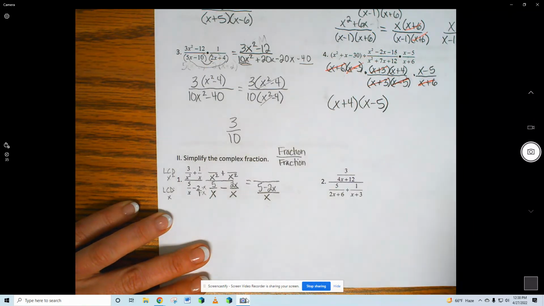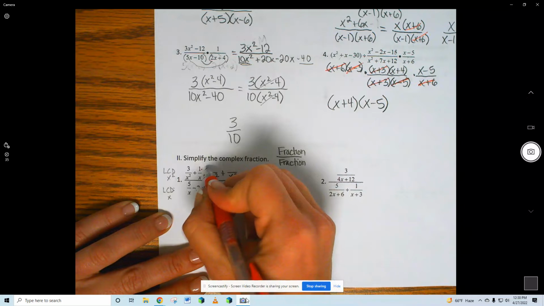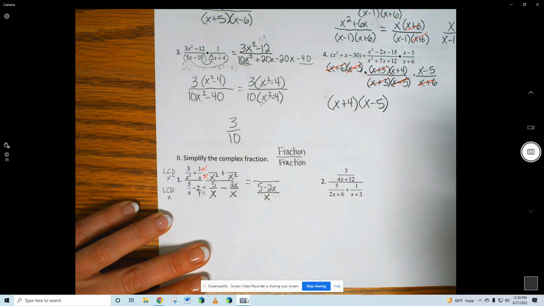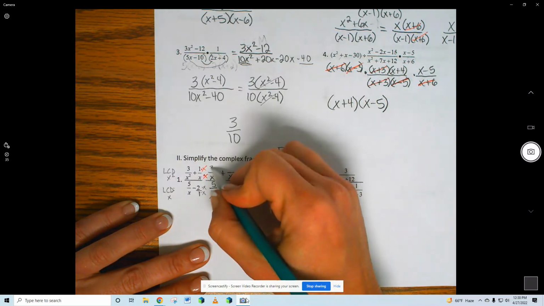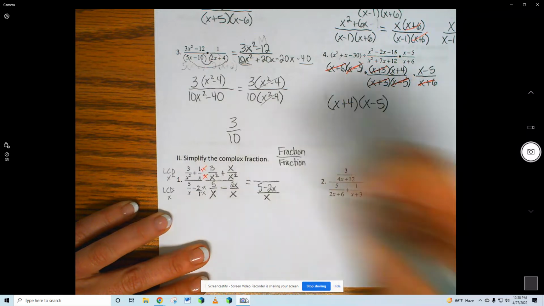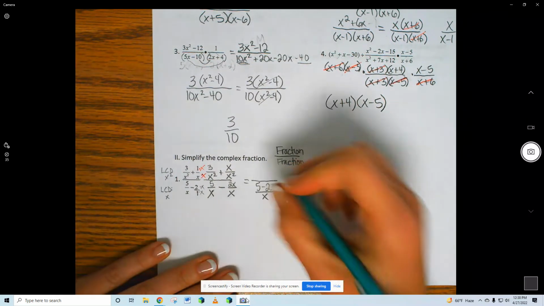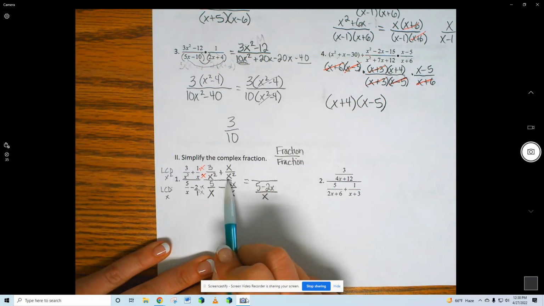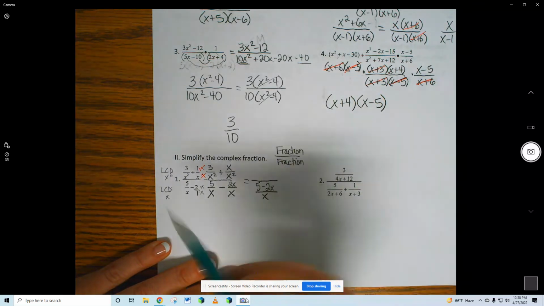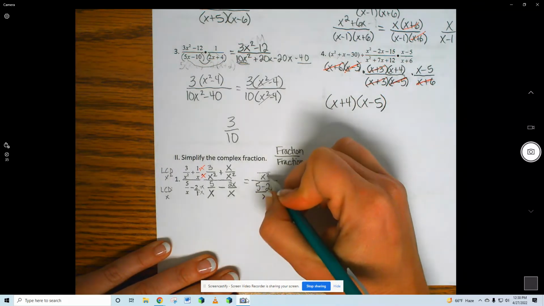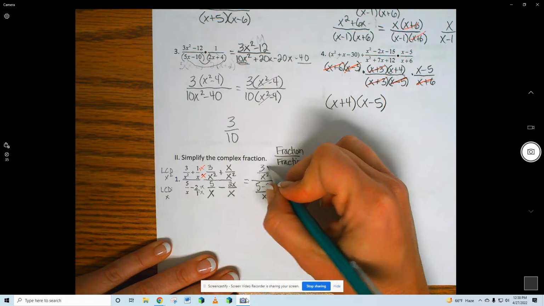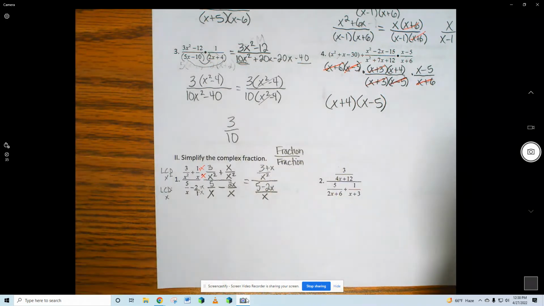So I have to multiply this by x and the 1 by x. 3 plus 1x. Since they both have x squared as the denominator, I can make an x squared here and a 3 plus x. There. Okay.